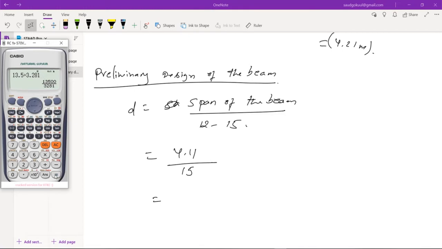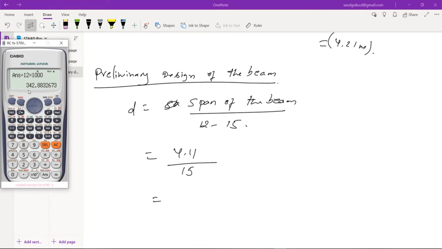Dividing this value by 15 and multiplying by 1000, it's 274.306 mm. So 274 mm. If we divide it by 12 and multiply by 1000, we get 342 mm, which is nearly equal to 350 mm.